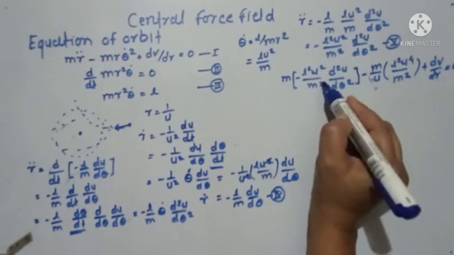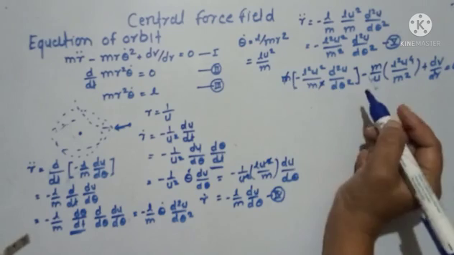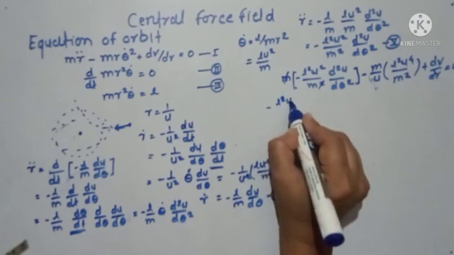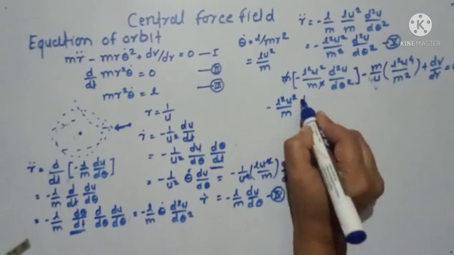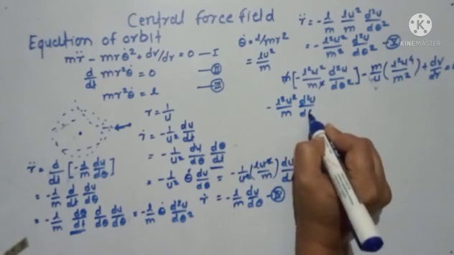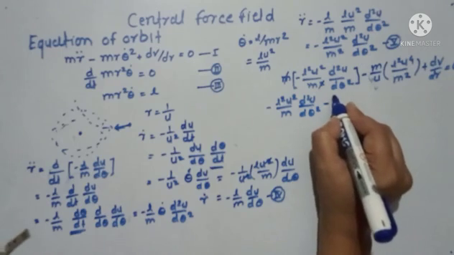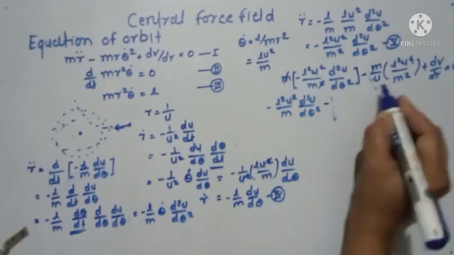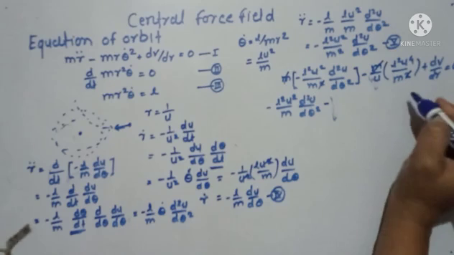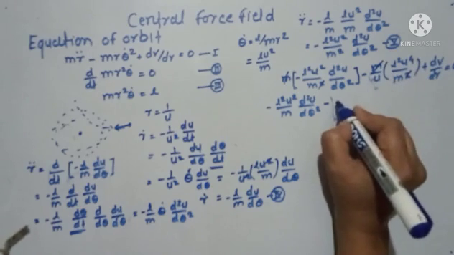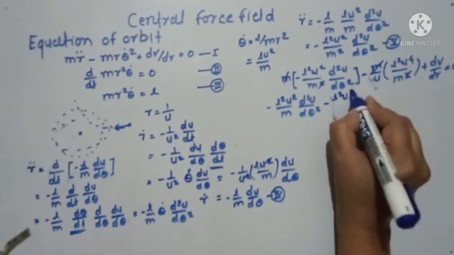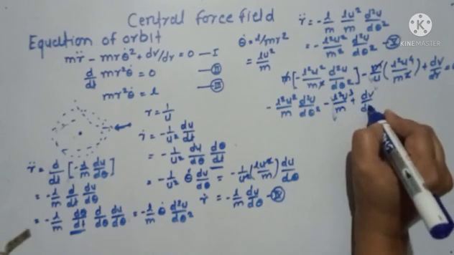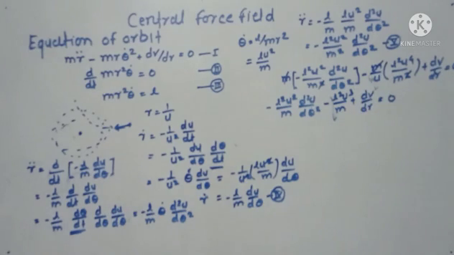Let us solve this. This square and this m will get cancelled, and the remaining term over here is L square u square upon m d square u upon d theta square, minus m, and here also this m and this square will get cancelled, so it will be L square u raised to 3 upon m plus dv by dr is equal to 0.